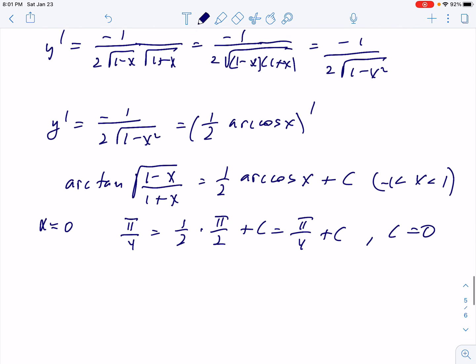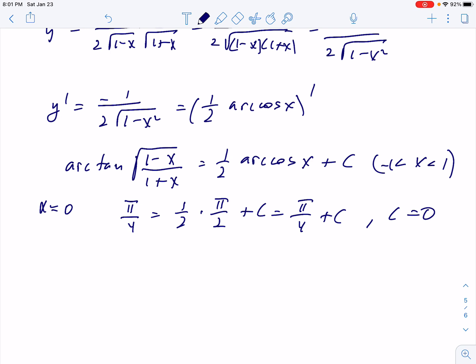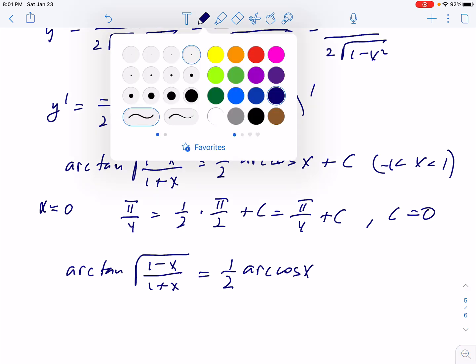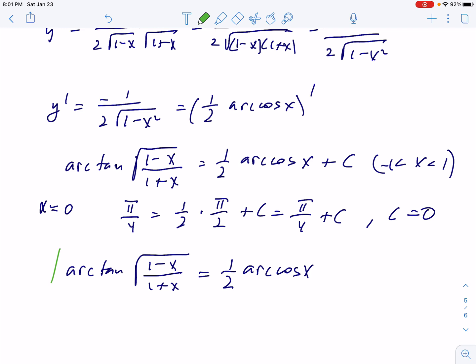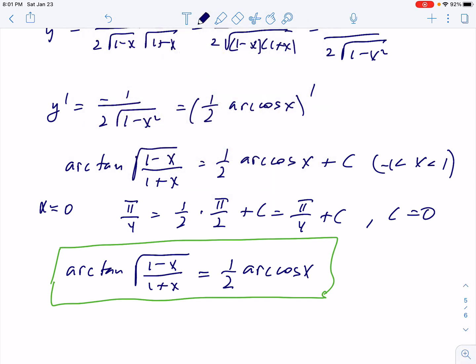And another identity, this is arctangent root 1 minus x over 1 plus x equals 1/2 arc cosine x. This is it. Another green box. So we are practicing derivatives, and at the same time we're learning very interesting things about the inverse trigonometric functions.